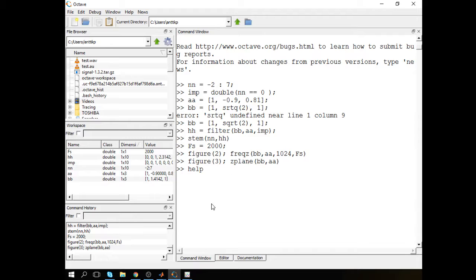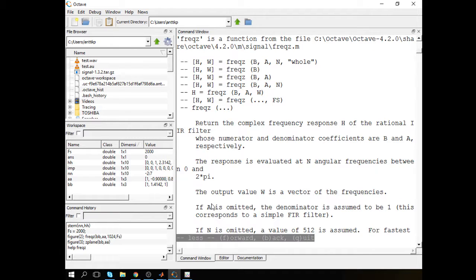First, help freqz to see what kind of values I can take out from that function. Okay, so if I give it two outputs, H and W, then it calculates and returns those values. That's good.